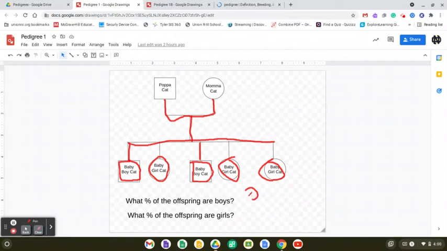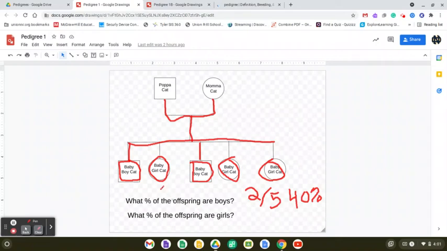It would be 2 out of 5 for the fraction, and the percent would be 40%, which you can figure with a calculator. Just simply take 2 divided by 5.